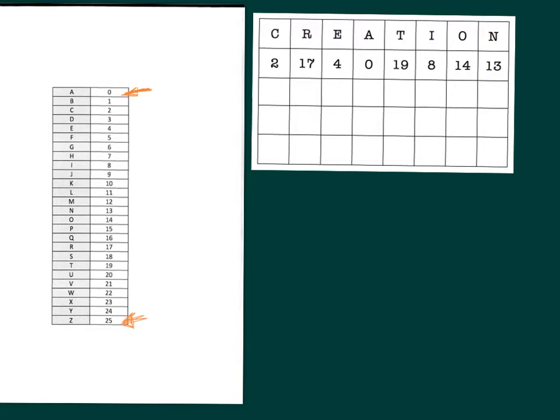Now we are going to decipher a word. We're going to decipher the word creation. I have gone ahead and in this first row here taken each letter and written its numerical representation. And we are going to shift this one down 7.